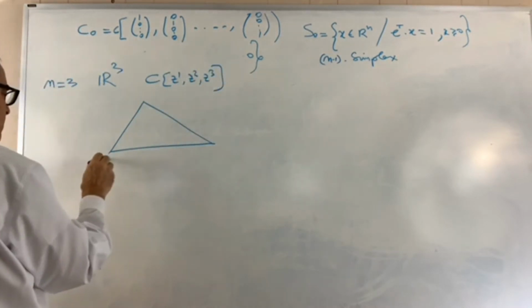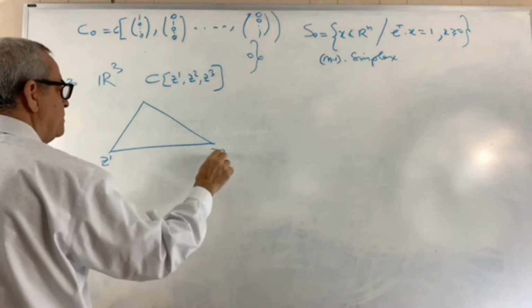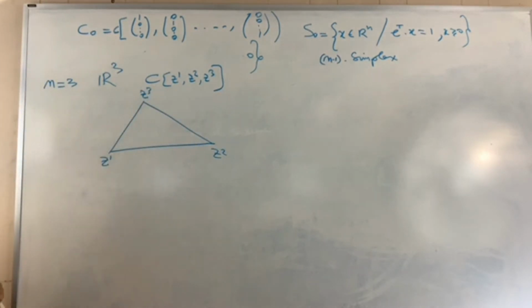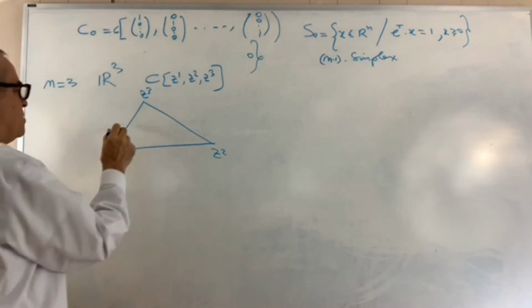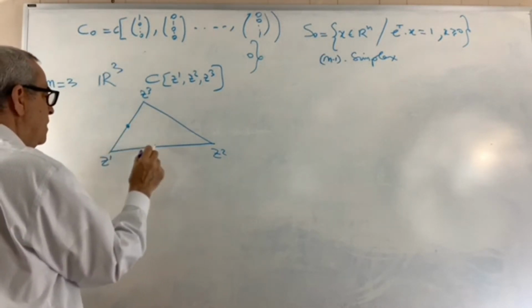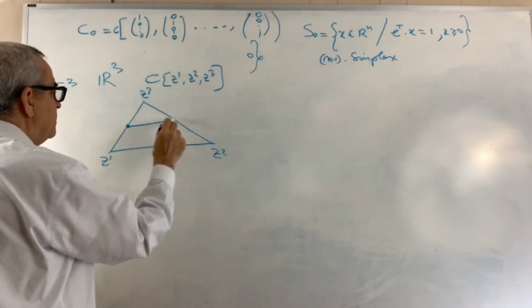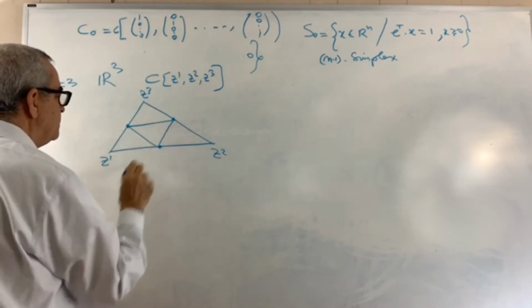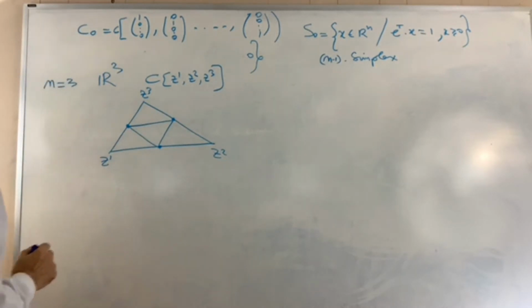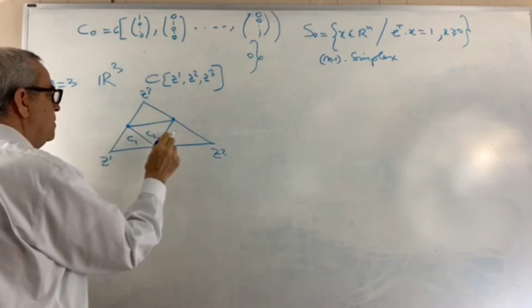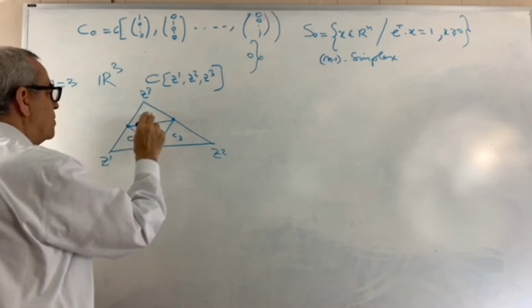One way of subdividing this is to take the midpoint of each edge, and then divide it like this. So this will be C1, C2, C3, and C4.